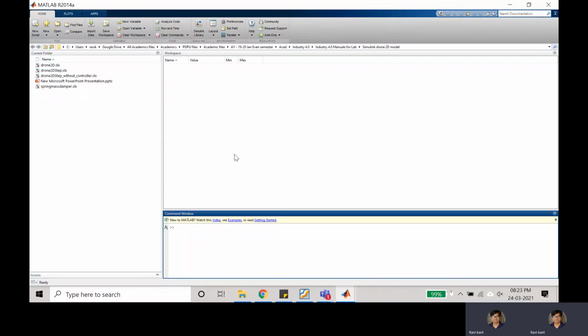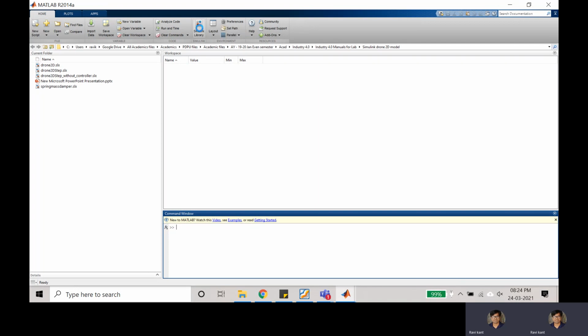This is what the typical interface of MATLAB looks like. I have already finished the model, but since this is an introductory class, I am going to make the model from scratch. So what you have to do here is, there is a menu toolbar called Simulink Library.